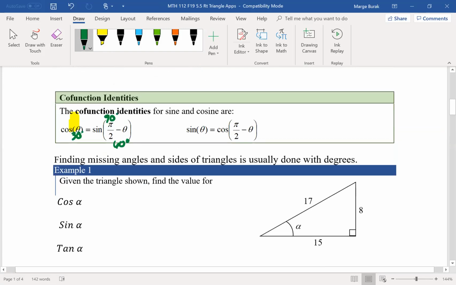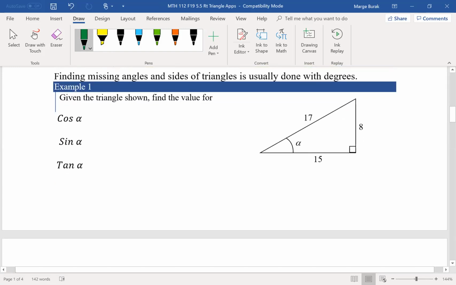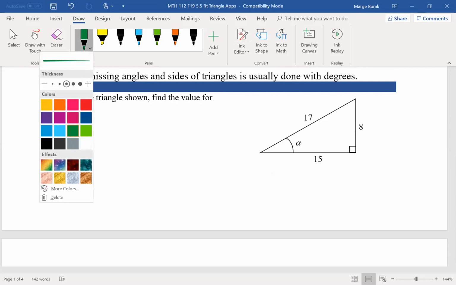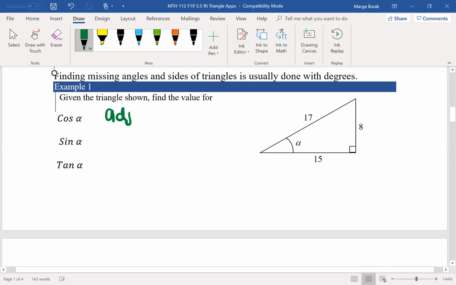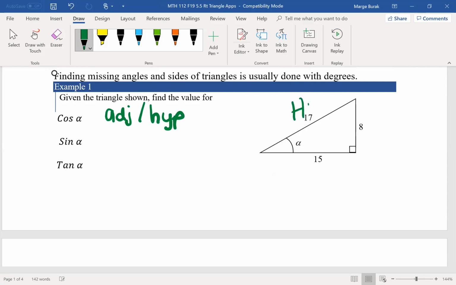But let's not think about that right now as much as how do we find the missing angles and sides of a triangle? Now, usually it's with degrees because we're inside a triangle. So we're going to find the cosine, which would be the adjacent over the hypotenuse. First of all, I always identify the hypotenuse.